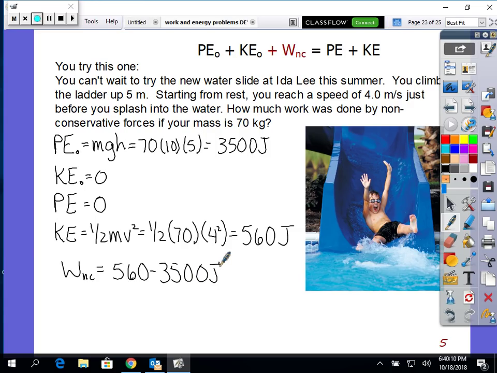So the non-conservative forces did negative 2,940 joules of work. They took away that much work. All the resistive forces of the friction and the water and everything took away 2,940 joules of energy.